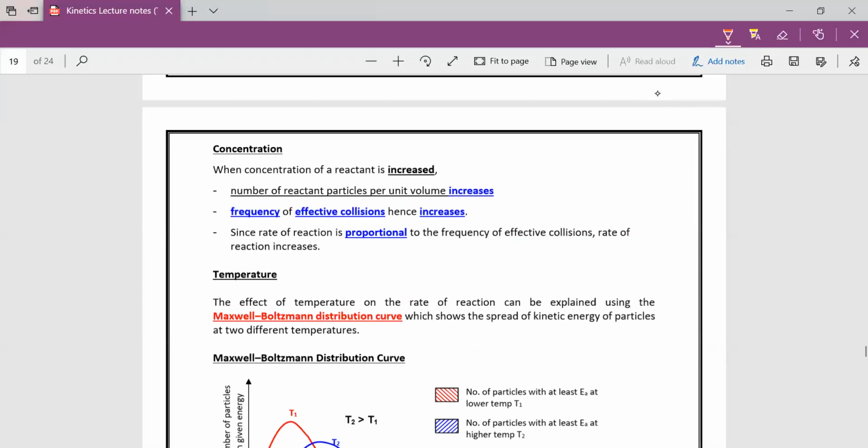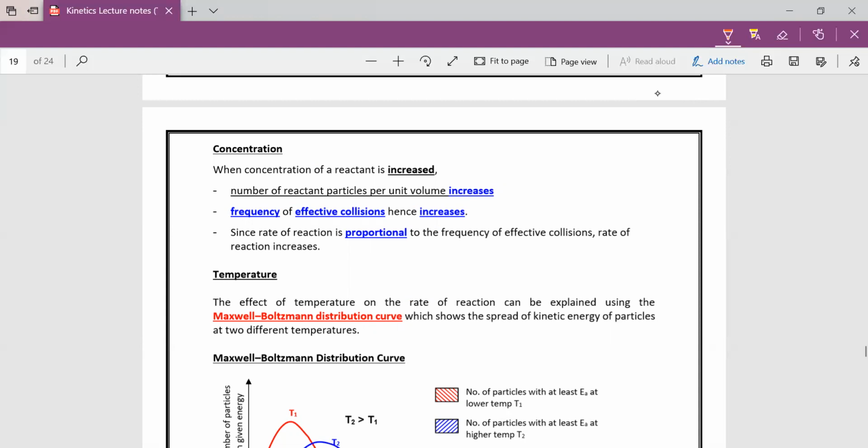When the concentration of a reactant is increased, what actually happens? The number of reactant particles per unit volume increases. The frequency of effective collisions increases as well. And the rate of reaction is proportional. Since the rate is proportional to the frequency, the rate of reaction itself increases.